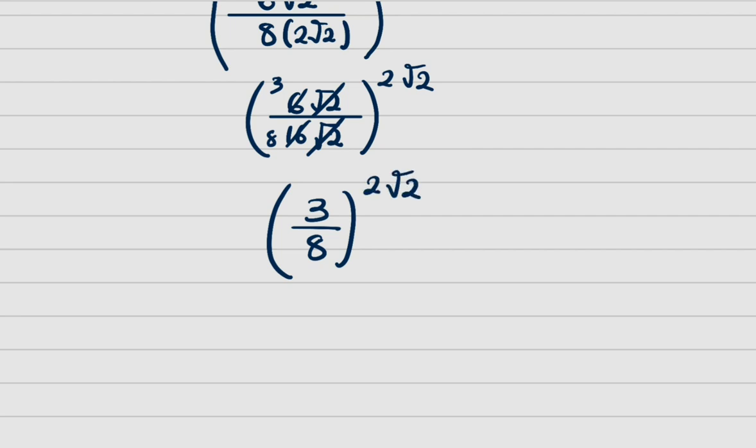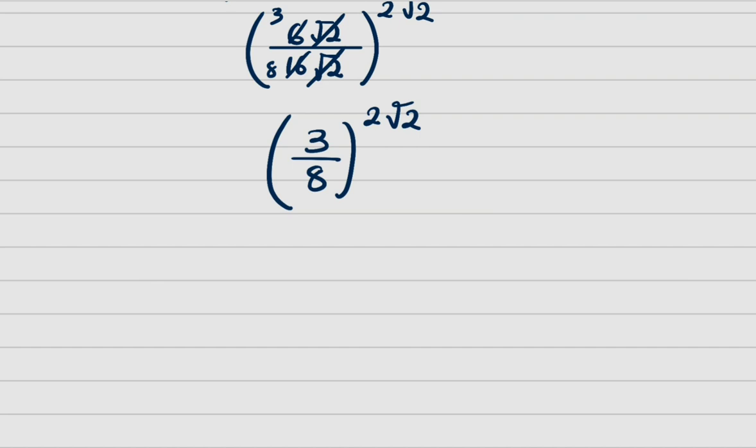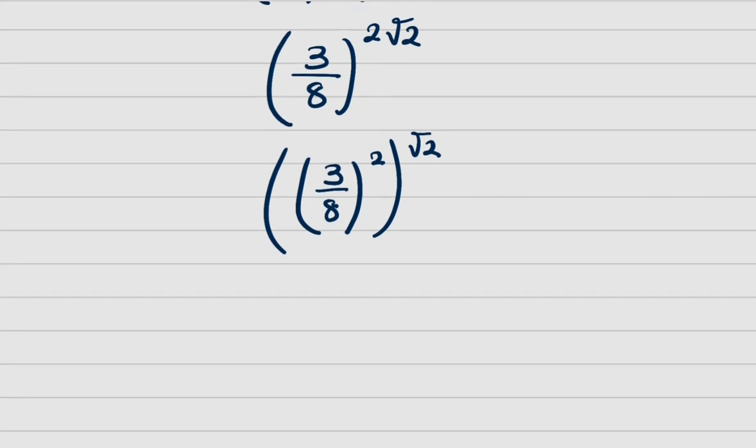You can leave it like this, or you can decide to push the square inside, so that you are going to have 3 over 8 all squared, then all raised to power root 2, so that finally you can have 3 squared is 9, all over 8 squared is 64, all raised to power root 2.